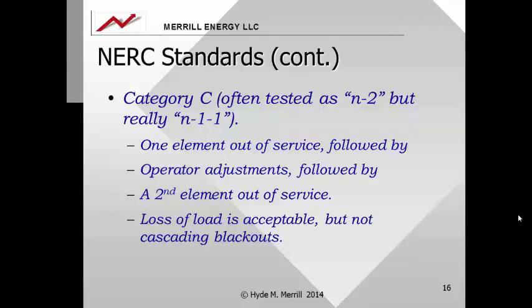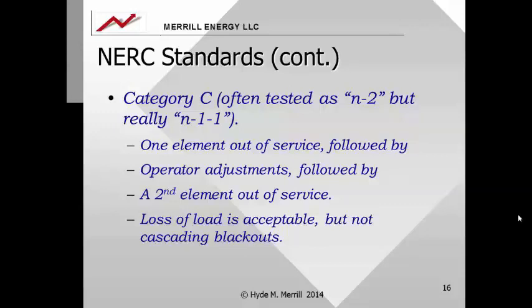The operator doesn't know ahead of time what the first element will be or what the second element will be. In Category C, loss of load to customers is acceptable, but it has to be planned or controlled. You can't have cascading blackouts that cover a wide area of the system. There's also a Category D.